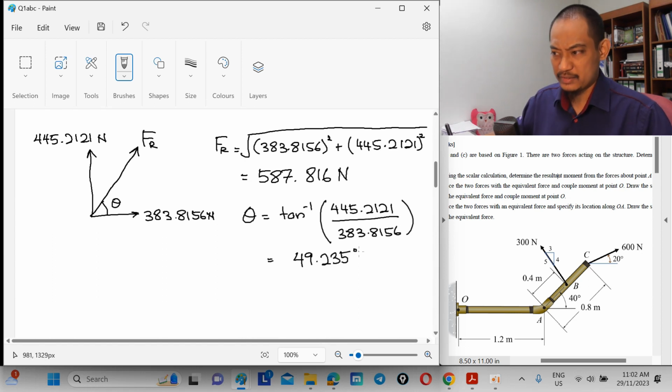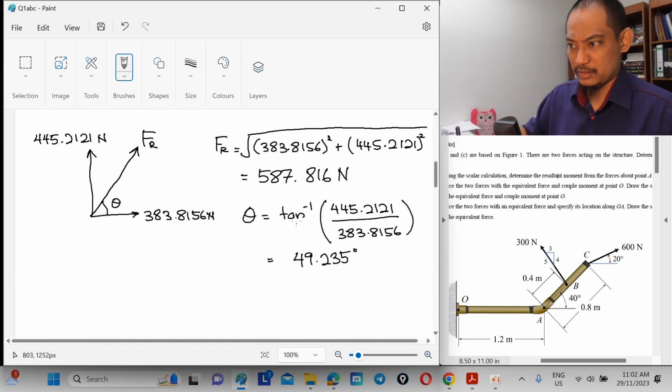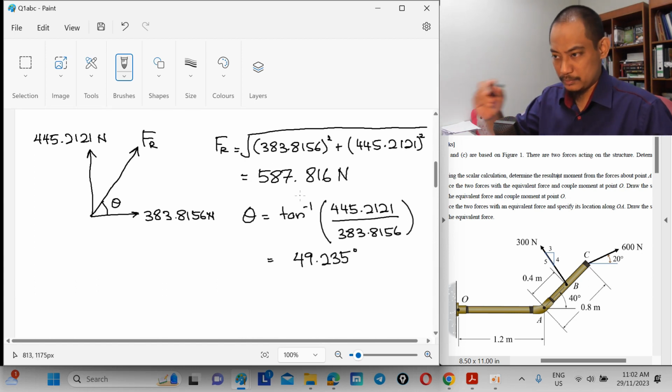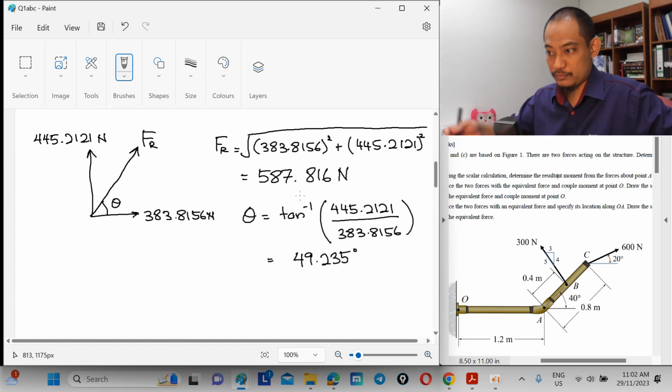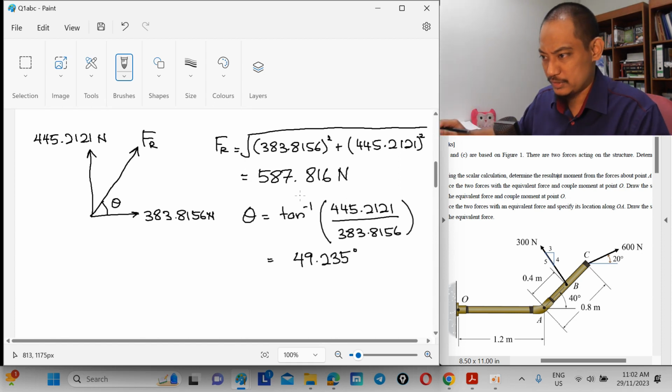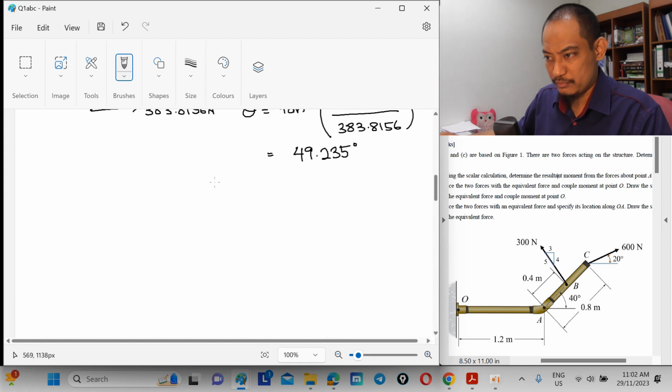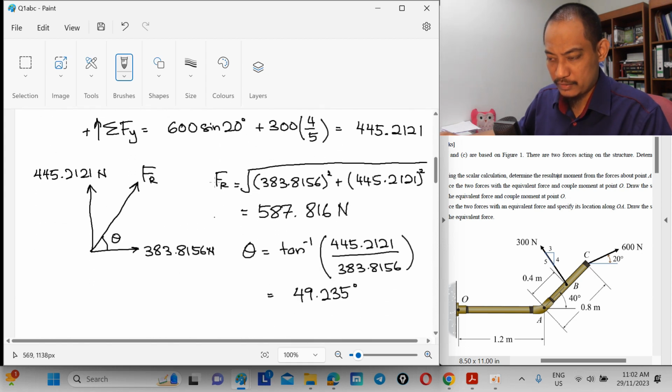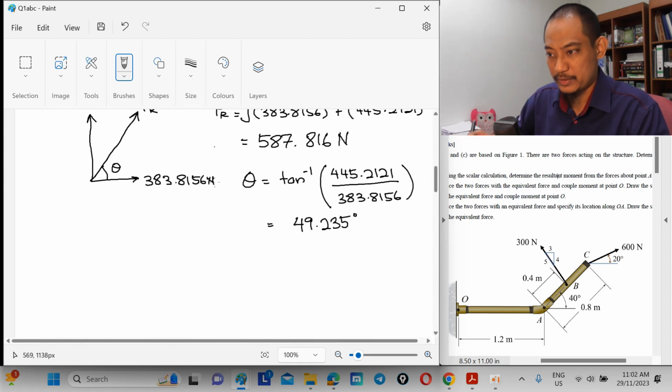Now, as a final answer, I will cut this down, but because we will use this value, if you are using this value for further simplification, that's why I do not round off this yet. So we have FR here already, so moment, right? So we have to calculate moment as well.